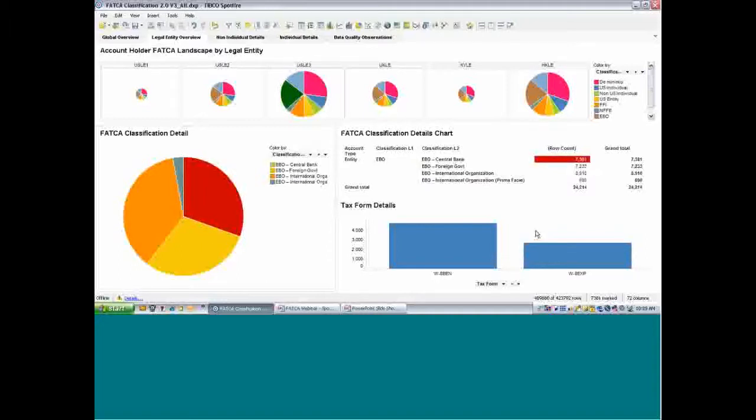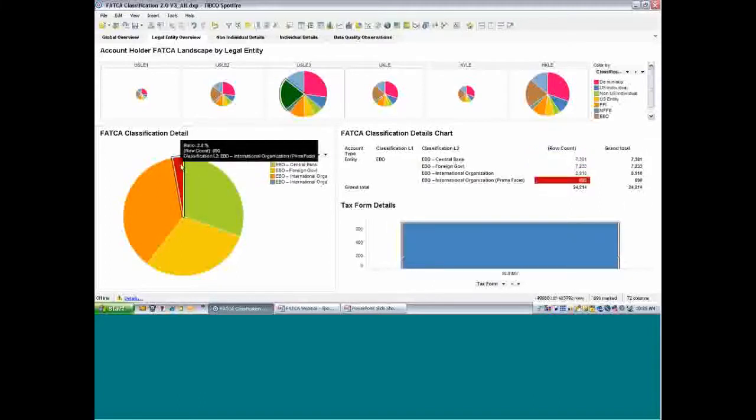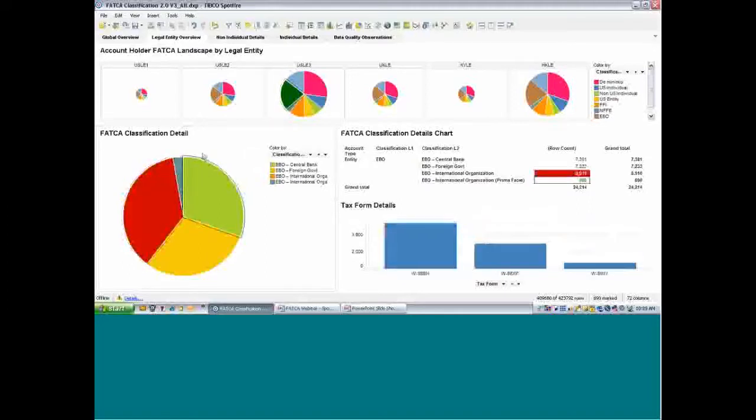So from a FATCA quality standpoint, this is a good piece of information because we only expect central banks to have BENs or EXPs from a tax perspective. Continuing to go around, we can look at each of the categories here. I've selected the international organizations, and I start to see a variety of tax forms: W-8 BENs, W-8 EXPs, W-8 IMYs.